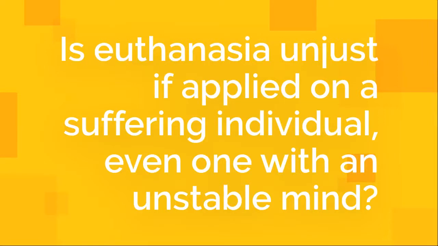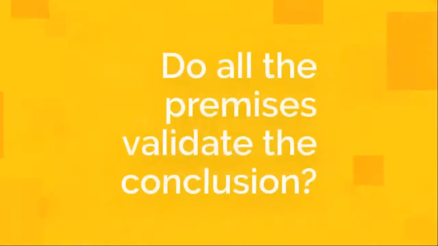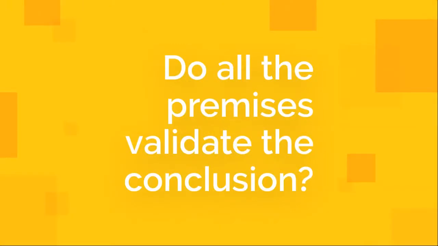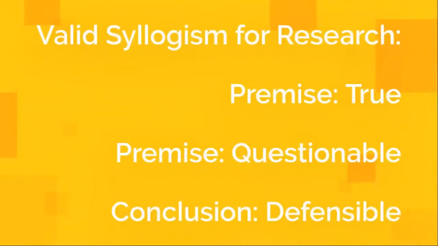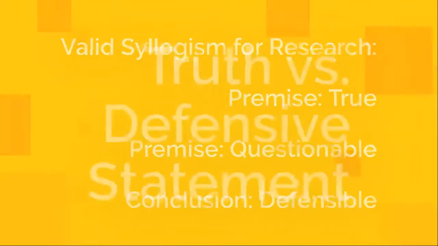So now we have the makings of a good argument. Do all the premises validate the conclusion? We want to at least suggest that a validation is applied. So structurally, as long as we have one questionable premise, and not all premises are particularly true, then we've got the makings of a good argument.